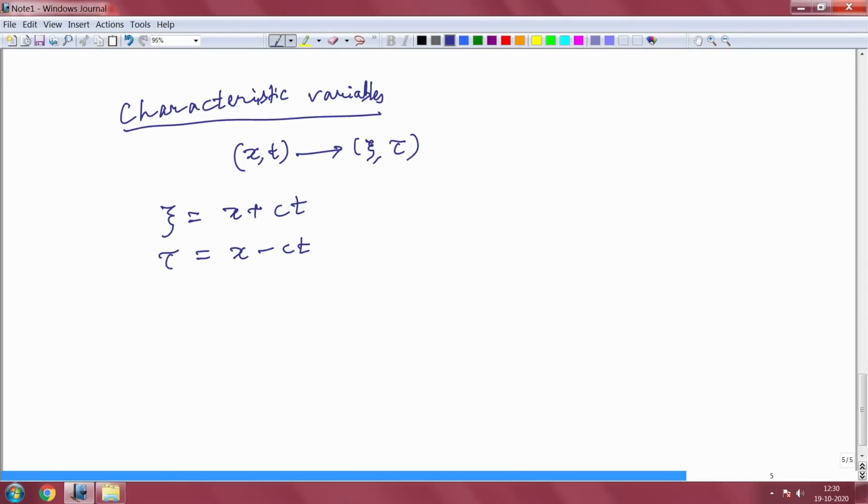The important thing to note, which we already learnt during the classification of second order equations, is that this is a non-singular change of variables. That is very important.